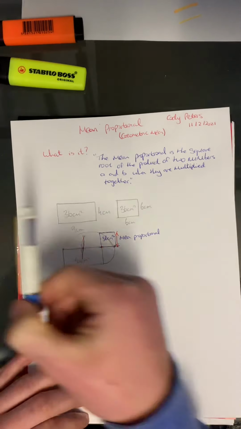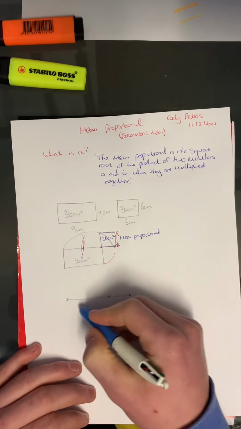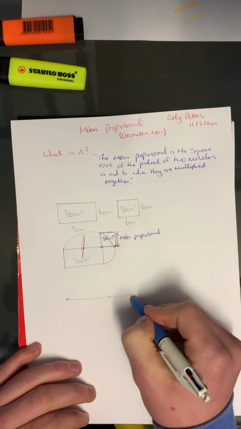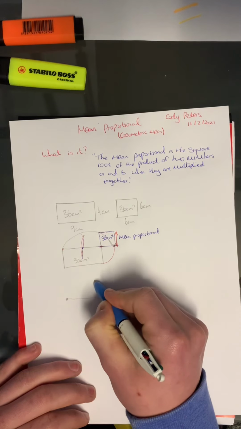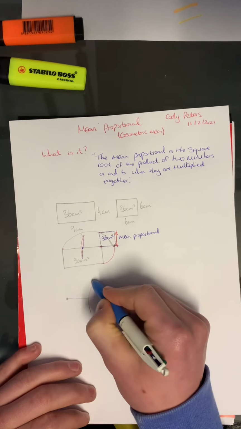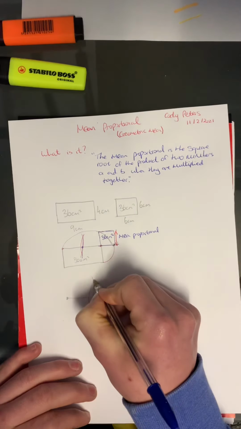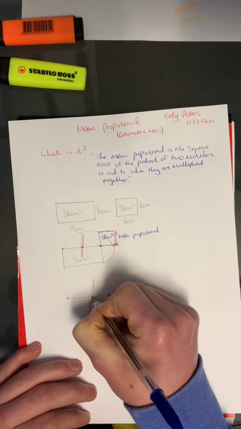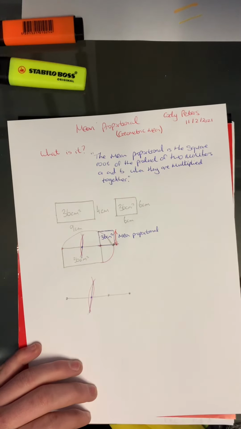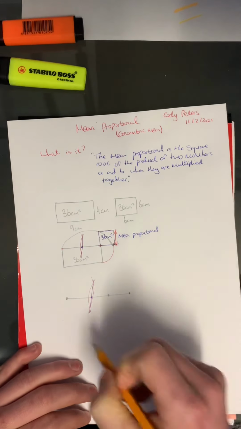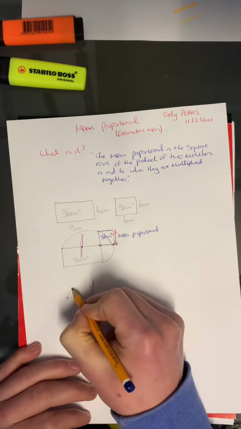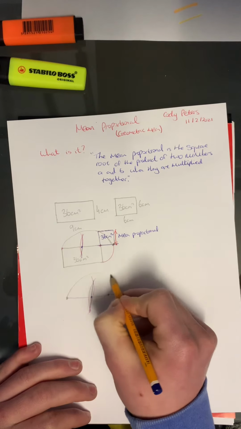Again, we're going to bisect this line. By putting the pin of our compass here, strike an arc, put the pin of our compass here, strike an arc. This will help us find the center of our circle or arc. Then we construct our semicircle.